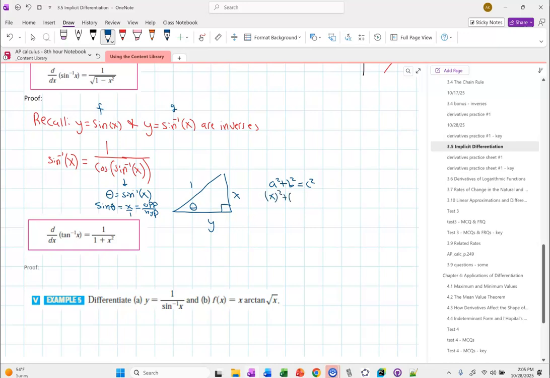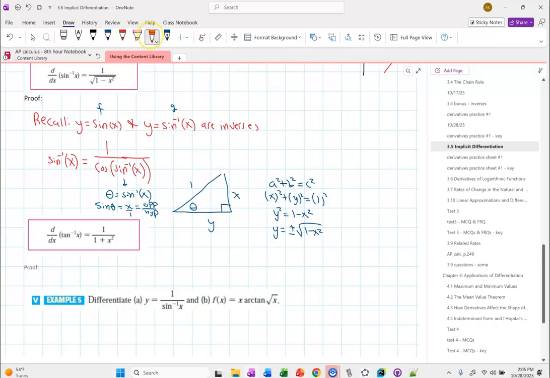So x squared plus y squared is equal to 1 squared. So y squared is equal to 1 minus x squared. So y is plus or minus the square root of 1 minus x squared.